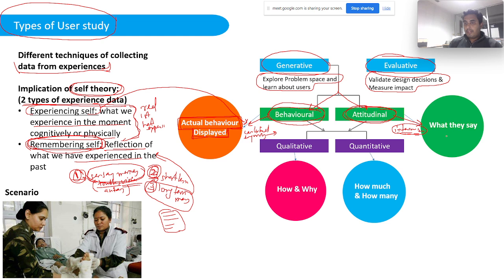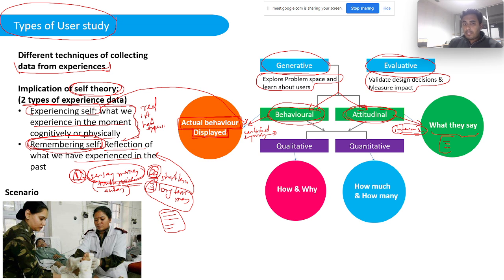So often the user gives you information as a reflection of his past memory, or recent memory. So sometimes we miss details in such kind of user study. But both these two types of user studies are necessary and are used widely in various scenarios.